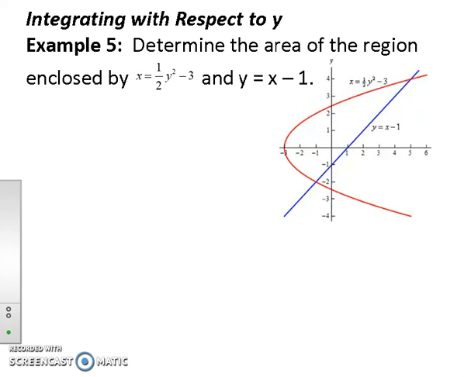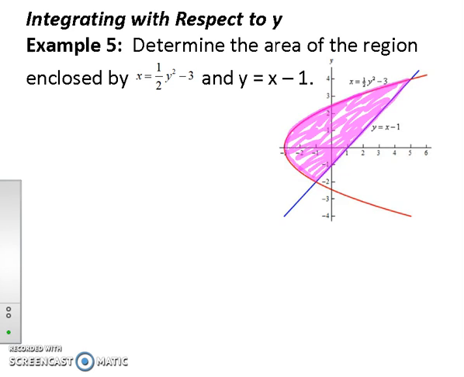So that's that red parabola that opens to the right. And then the line y equals x minus 1. That's the blue line. So if I want the region enclosed by those two things, that is all of this.